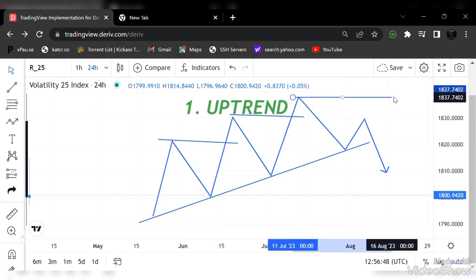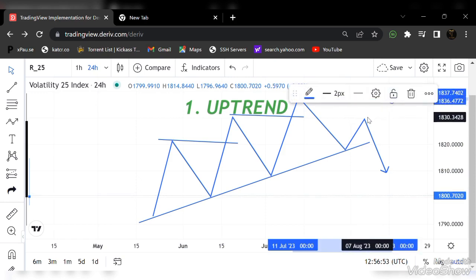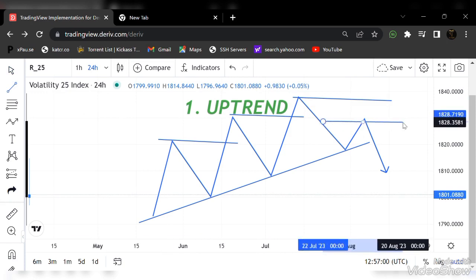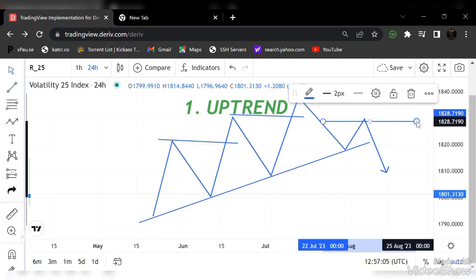This was the previous high, and the market failed to break it, and actually created a lower high like this. So this indicates that there is a loss of momentum, and a possible reversal is imminent. That's what you need to understand when you are trying to identify an uptrend.